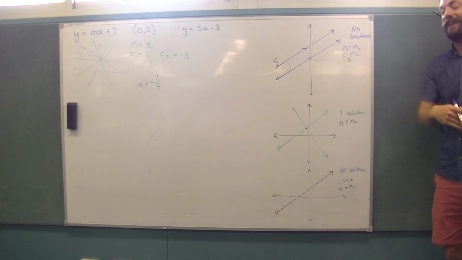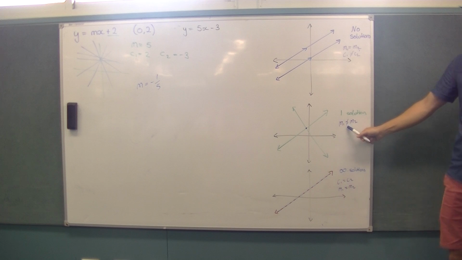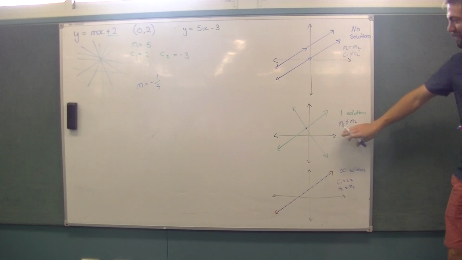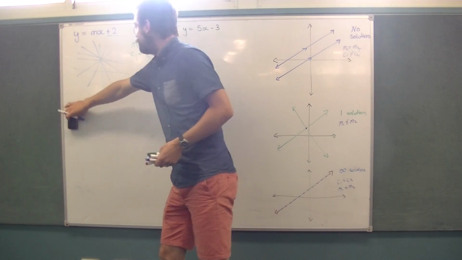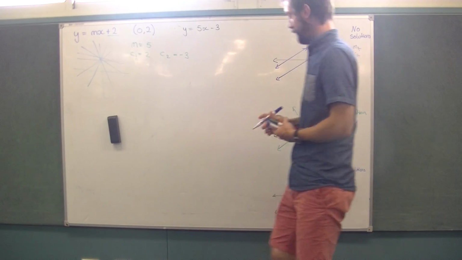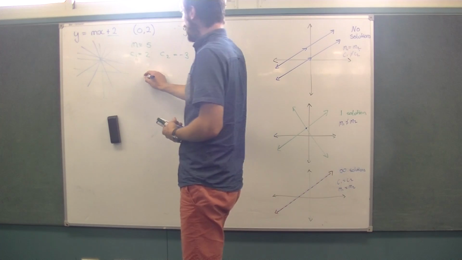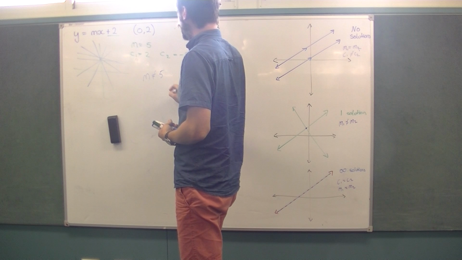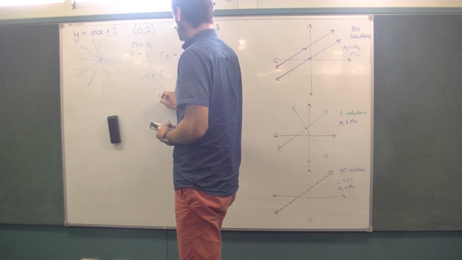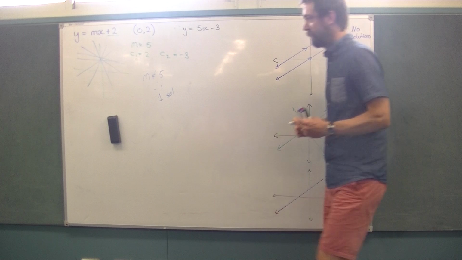I did this deliberately, look at the board. All it says here is m does not equal 5. So when it's not 5, anything but 5. You just write m does not equal 5. Therefore, one solution.